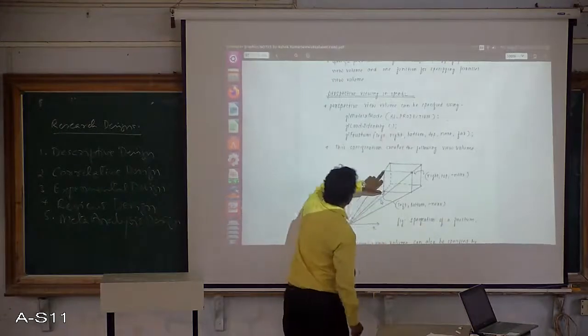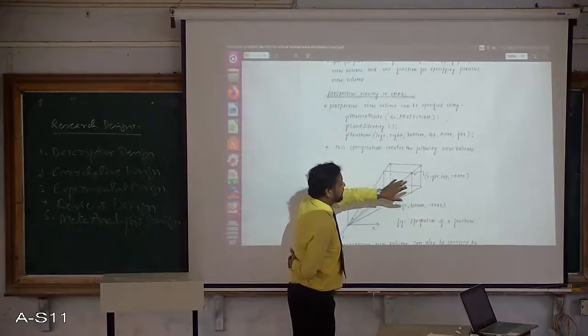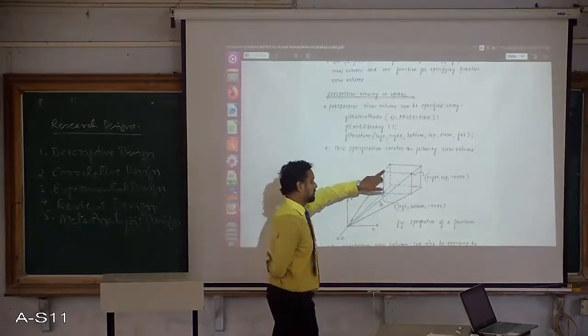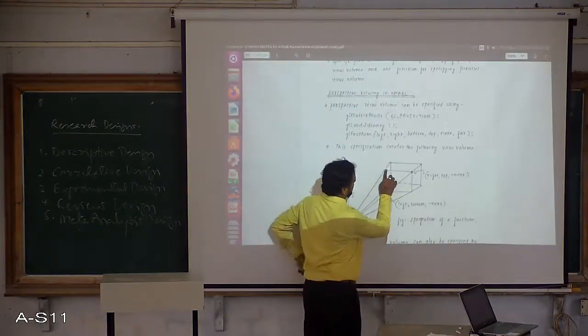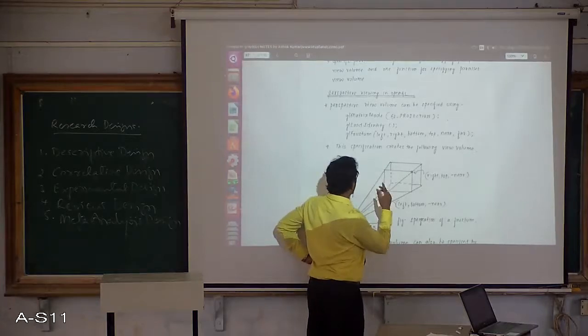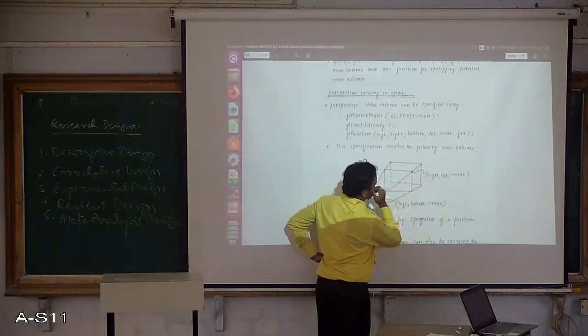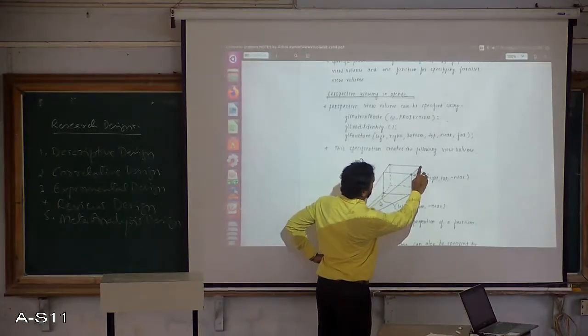Whereas this can be identified as left: as this point is at right, this point is at left. It is at the top and the nearest. If I consider one more point beside this, it is at far. So this is right, top, and far.